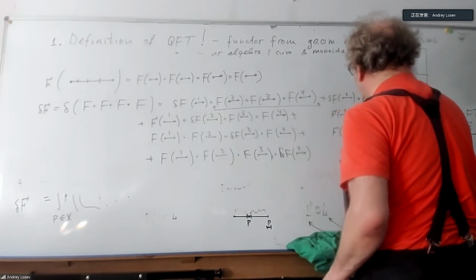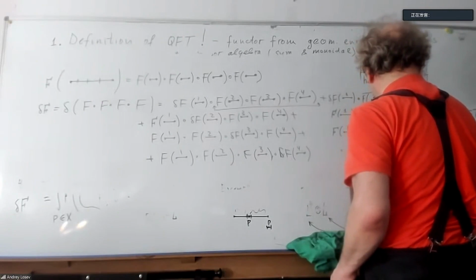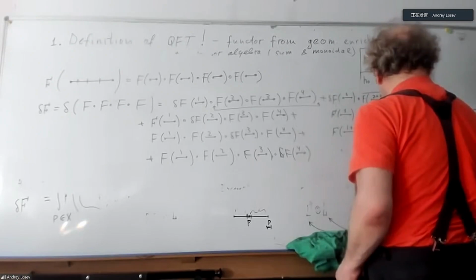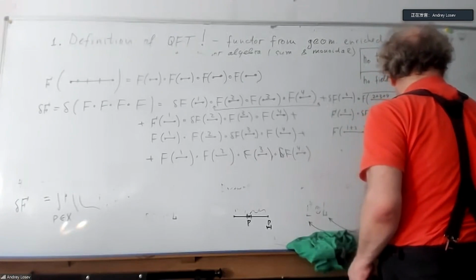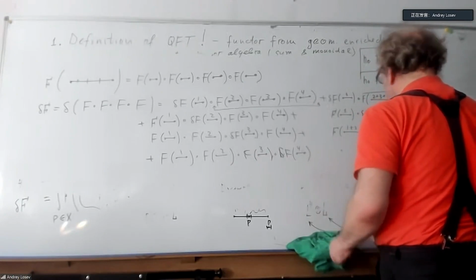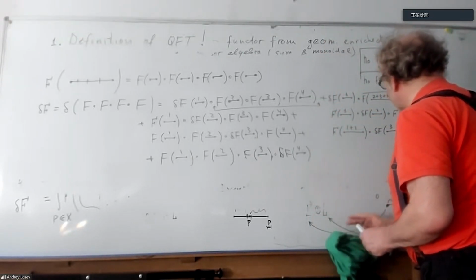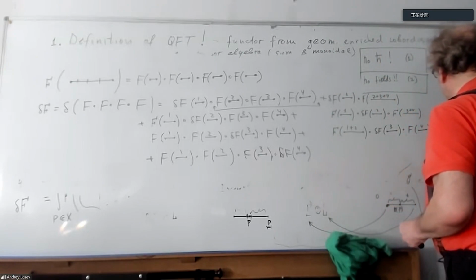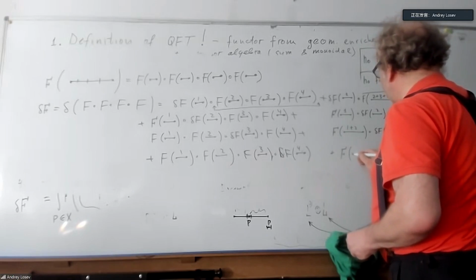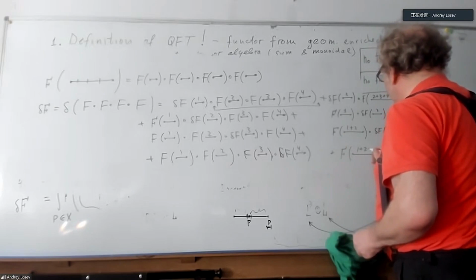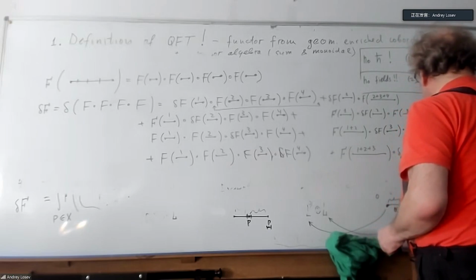And here I have F on 1 plus 2, delta F at 3, and F at 4. And then the very last piece, F of 1 plus 2 plus 3, delta F at 4.